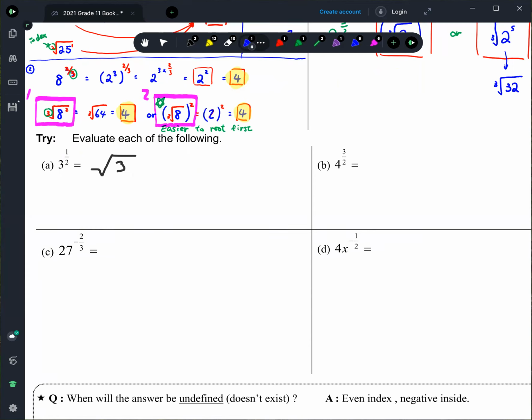Can you write down your final answer for B?